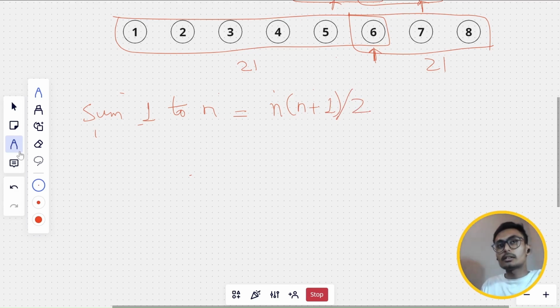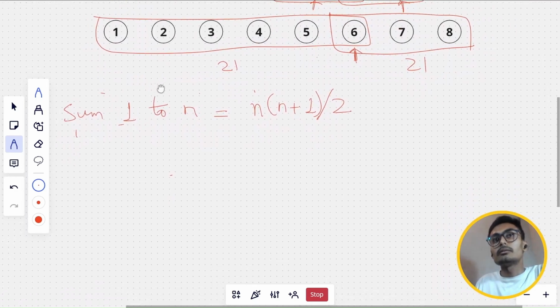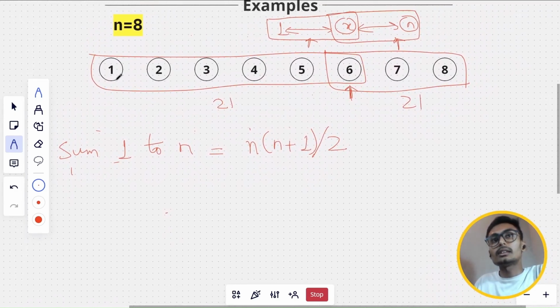So the approach is that we will first calculate the sum of 1 to x, and then we will calculate x to n, and these will be equal according to the question.